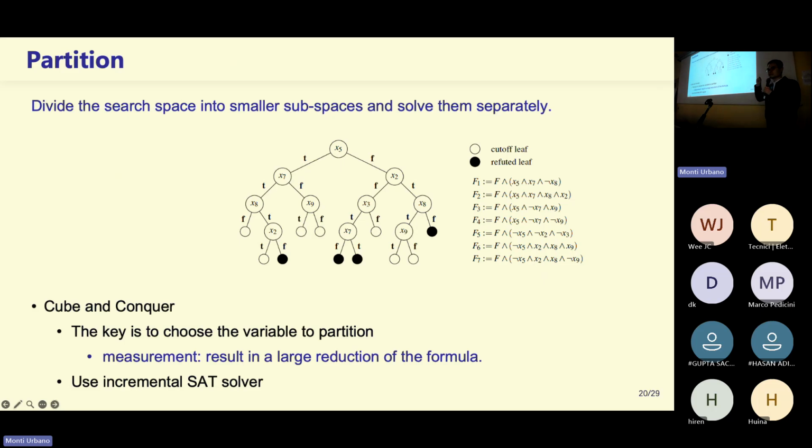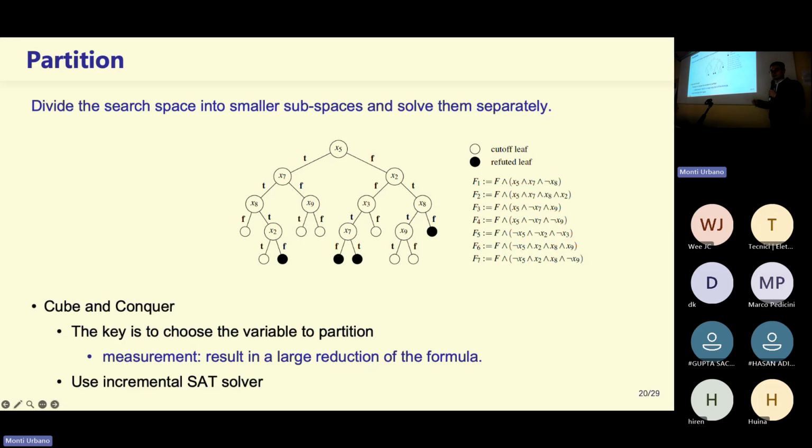Because if we fix the assignment of an important variable, for an extreme case, a backdoor variable, then many other variables' values can be inferred. So the formula can be reduced to a large extent. We need to find such important variables for partition, and that is the focus of partitioning algorithms.